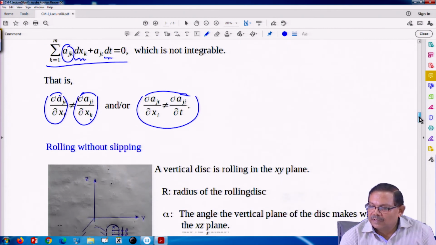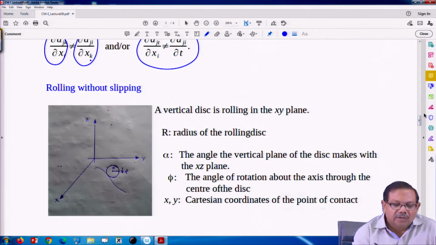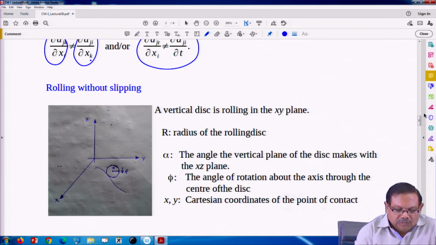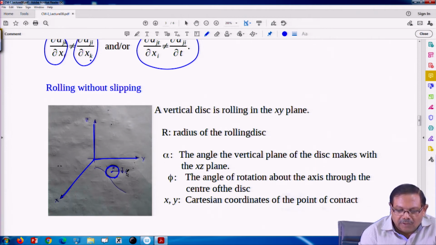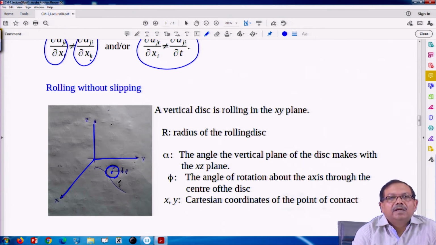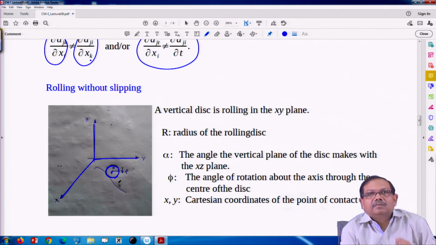So, what is the example? The famous example is rolling without slipping. No slip, but let us say a coin or disc is rolling on a horizontal plane. So, this is the x axis, this is the y axis, this is the z axis. So, there is a disc or a coin that is rolling without sliding on the plane, and it is always vertical.